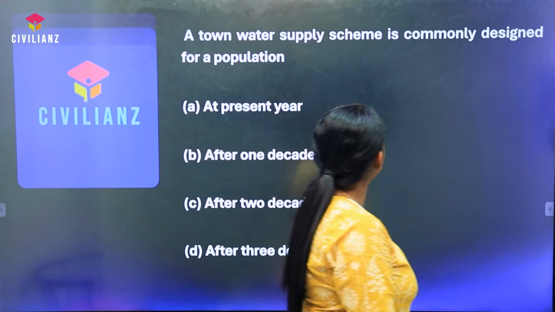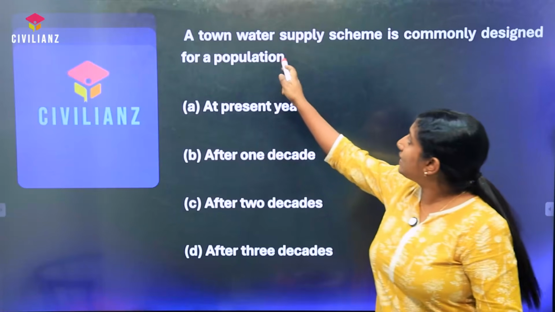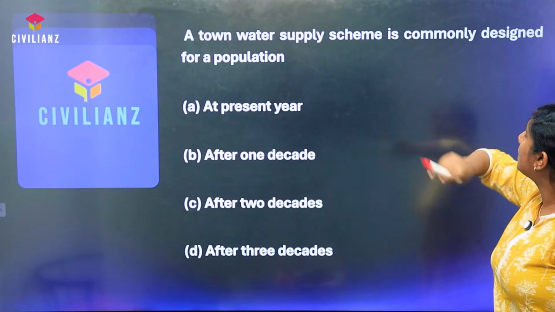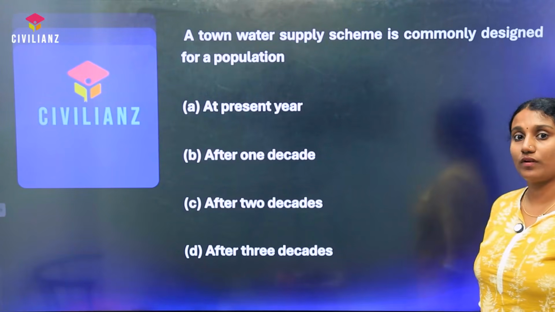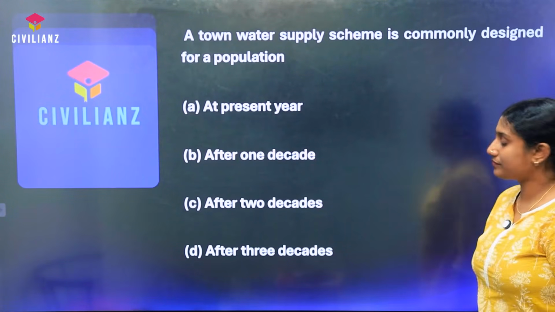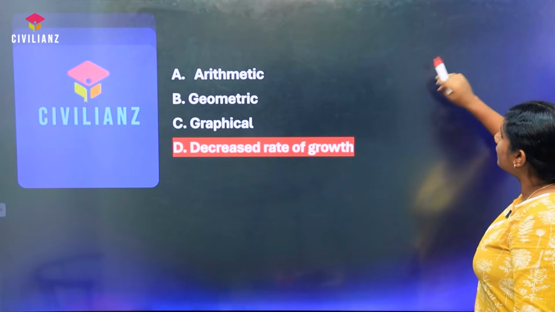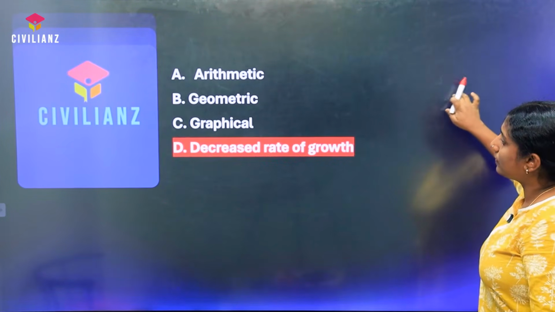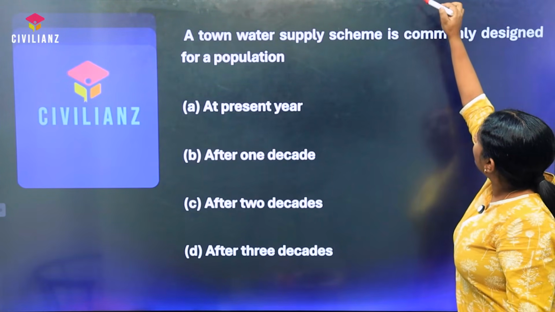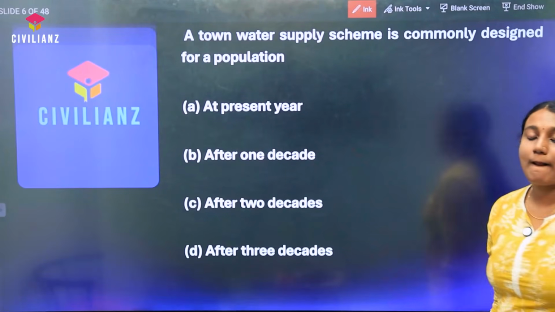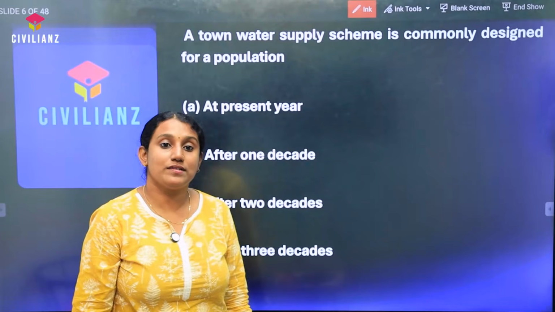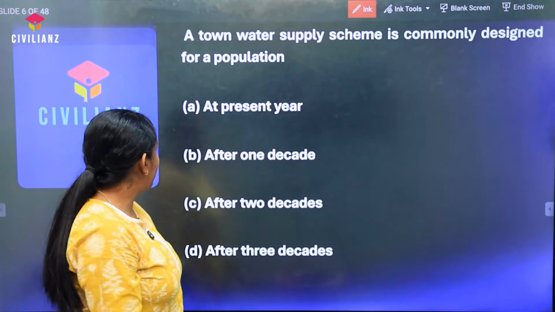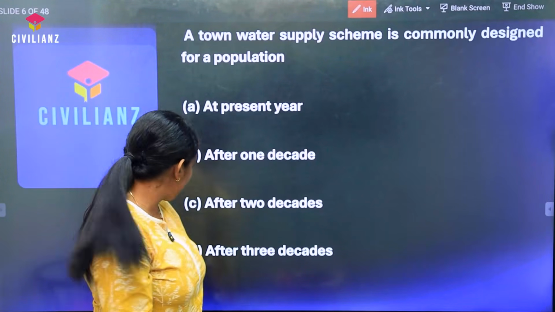Read our question clearly: a water supply scheme is commonly designed for a population. Designed. Please comment your answers: option A, B, C, or D.